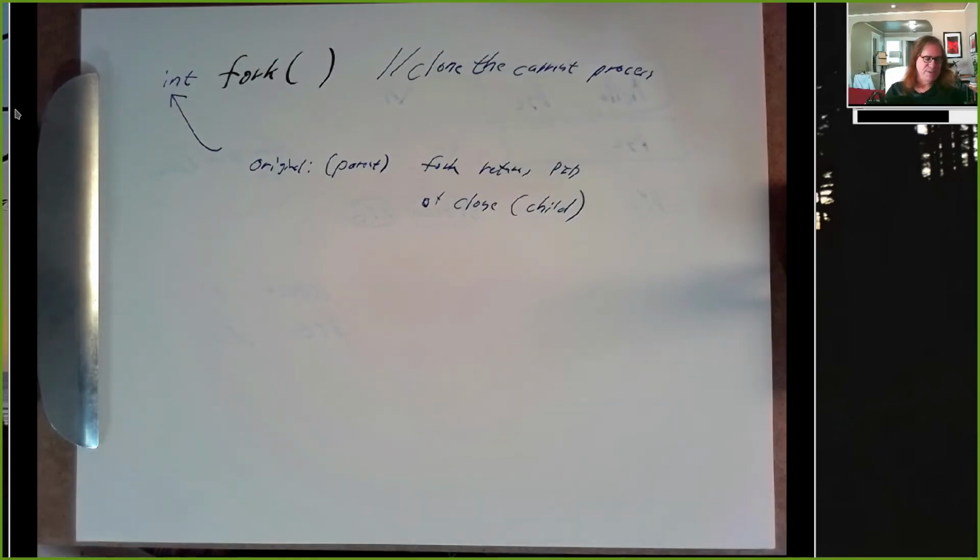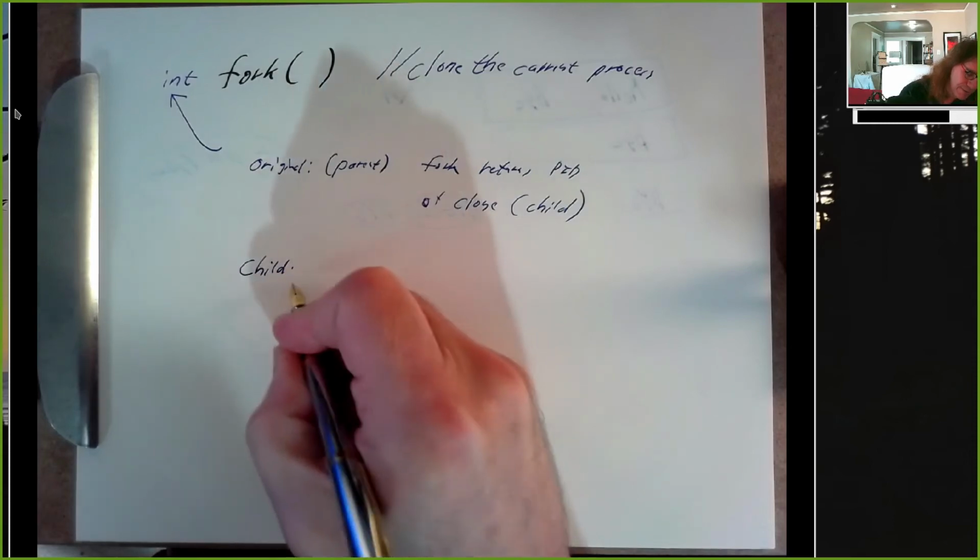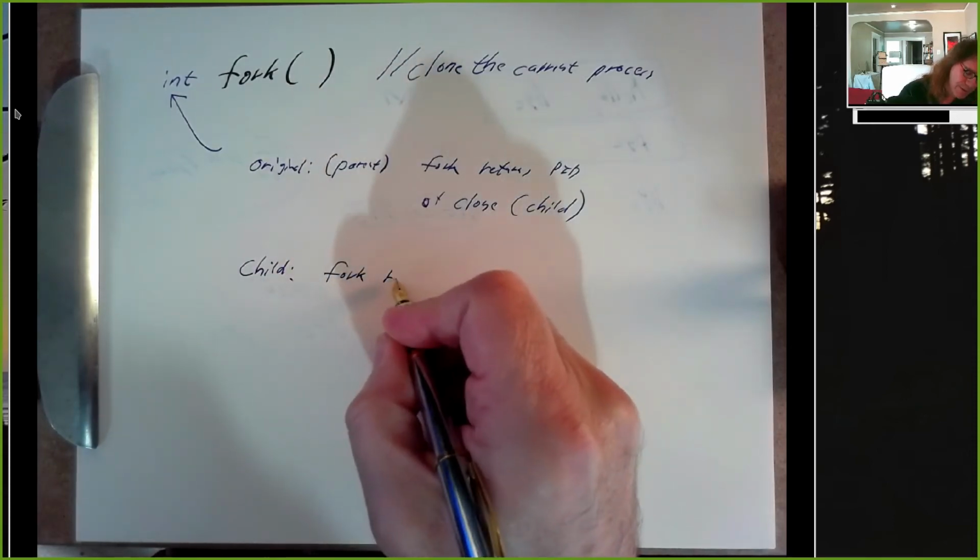So if you're the parent and you make a call to fork, the value returned by that call will be an integer, which is the process ID of the newly created process. But if you're the copy, if you're the child, fork returns 0.